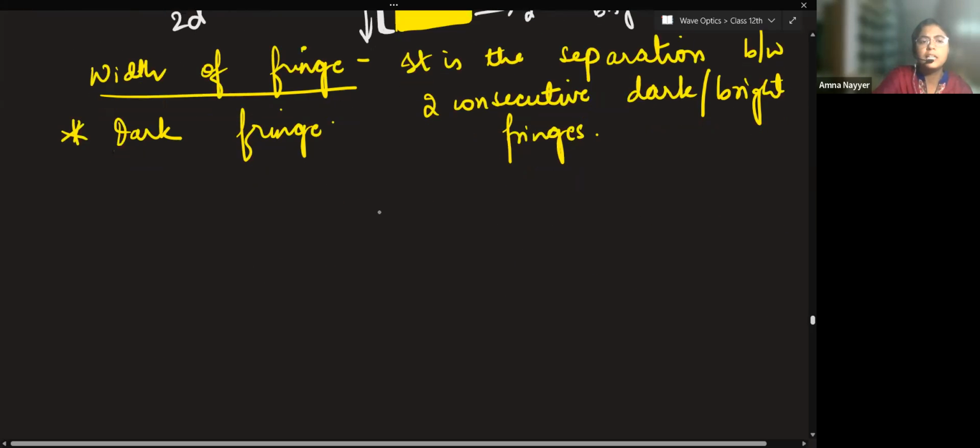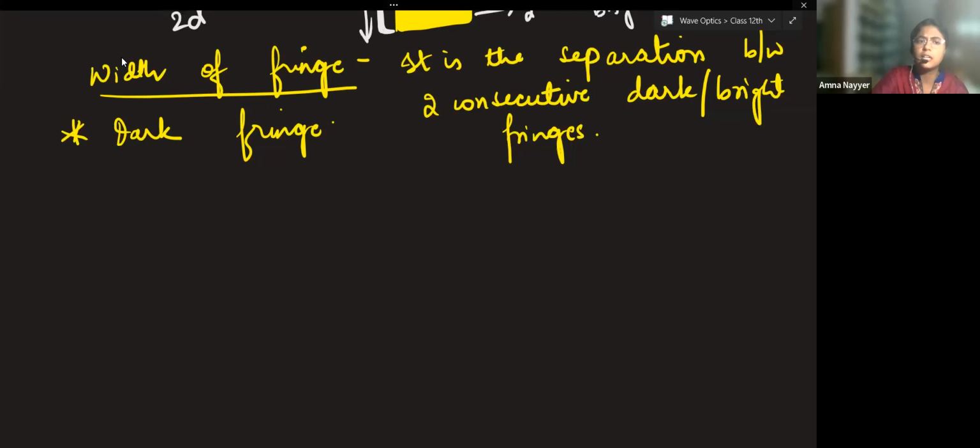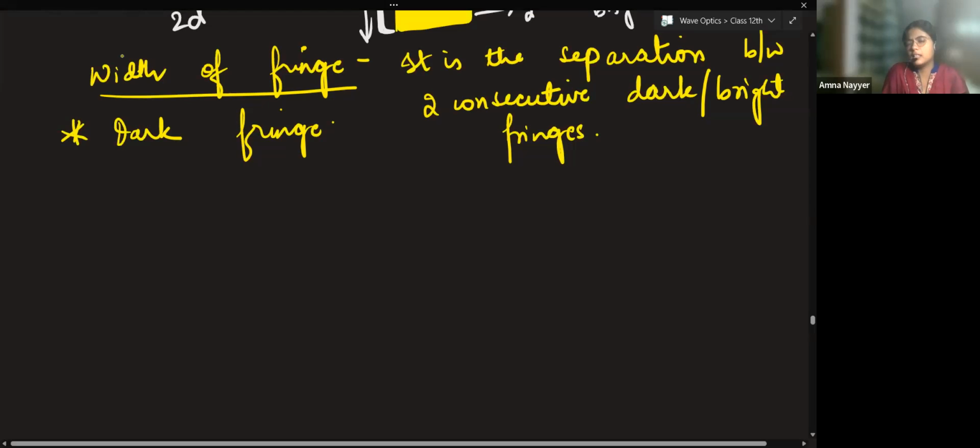But we'll find the formula using dark, because for bright the expression has only n, while here you have 2n minus 1 by 2 also. This is denoted by beta. Consecutive means if this is yn, then you have to subtract yn minus 1, just the previous one.